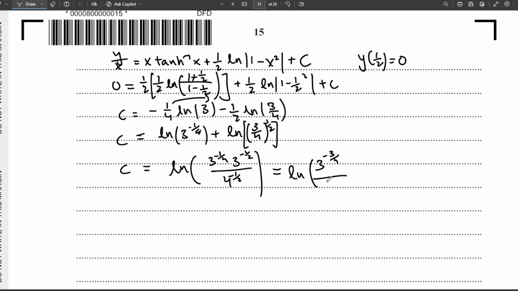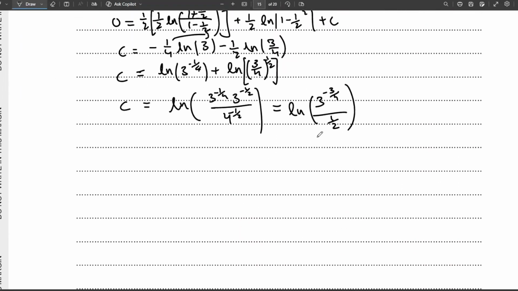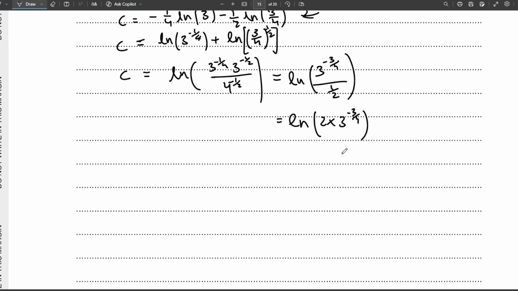Then this becomes 1 over square root 4, which is half, so 1 over 2. Or actually they want it in exact form, so I'd rather leave it like this. So the 1 over 2 I can simplify further: 2 times 3 to the negative 3 over 4. Actually you could have just left it like this, but I chose to simplify it.